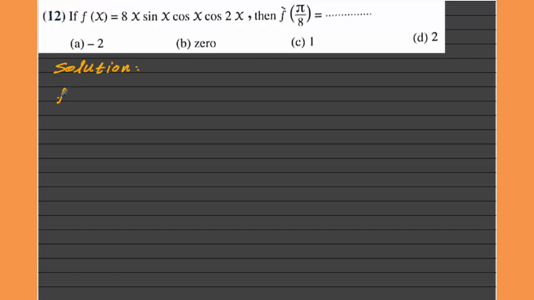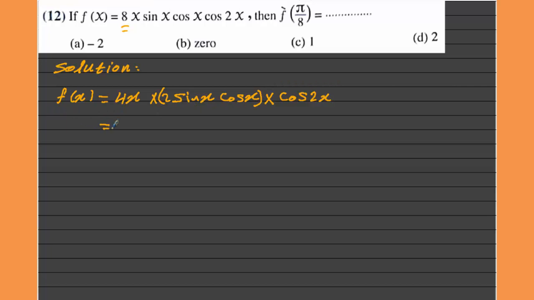f of x equals 4x multiply 2, as 4 multiply 2 equals 8 here, 2 sine x cosine x multiply cosine 2x, and this part equals sine 2x.